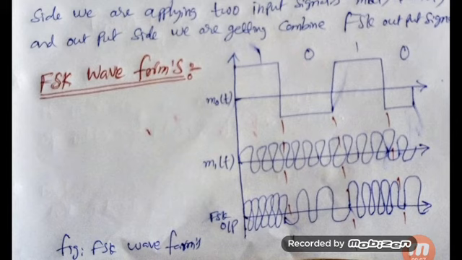In any keying methods like ASK, FSK, PSK, DPSK, QPSK, we internally use several converters like analog to digital, digital to analog, serial to parallel, parallel to serial, or microphones and earphones.